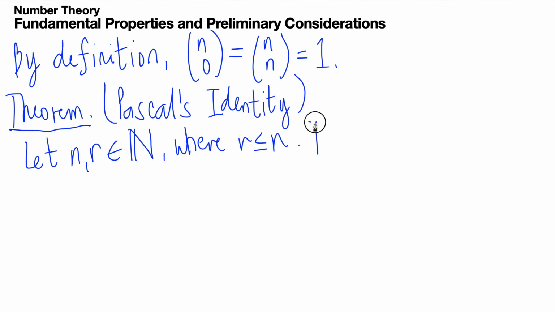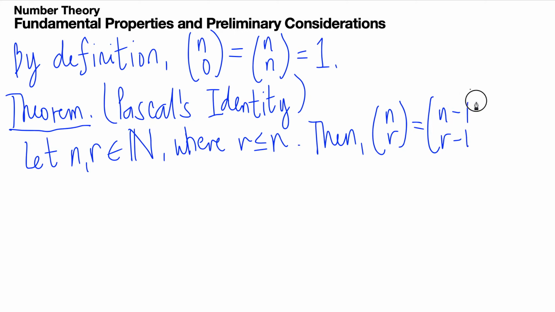Then we can say that n choose r is equal to n minus 1 choose r minus 1 plus n minus 1 choose r. That's Pascal's theorem, and we're going to give a proof for that.